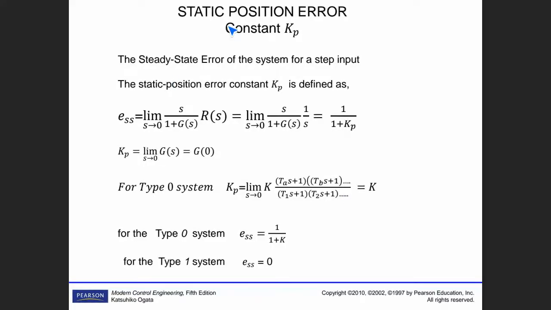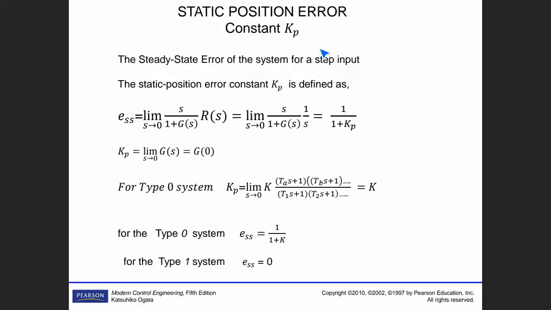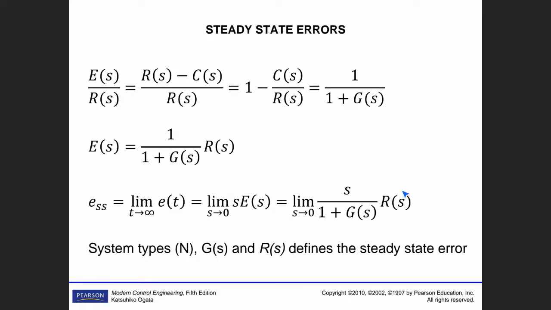Now, static position error. For static position error, it's a step input. And the constant is called Kp. They define error with the constants. In my teaching approach, I really do not appreciate their method, since you have already learned how to obtain the steady state error with this one.